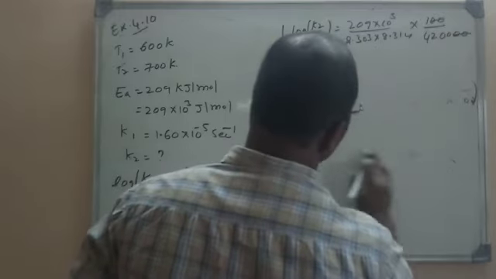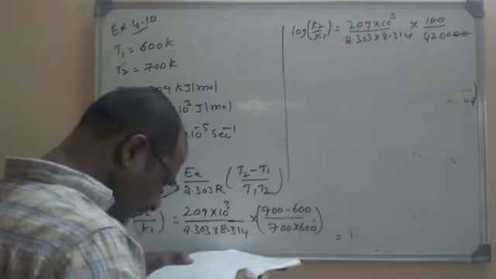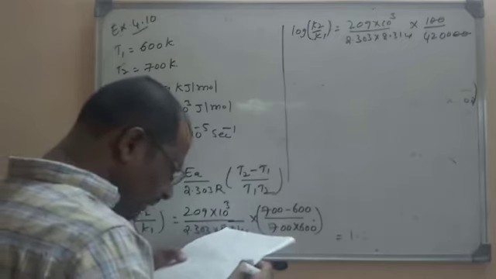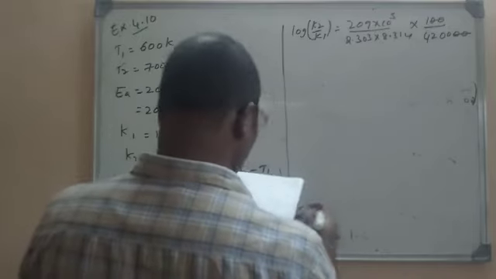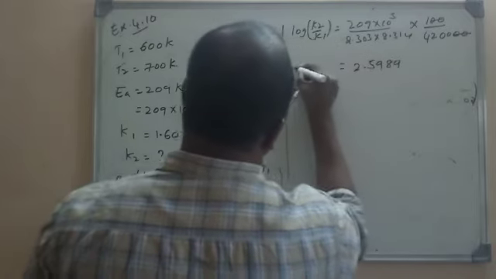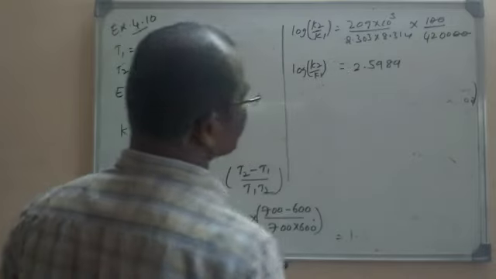So 2 zeros will be cancelled with 2 zeros. On simplification, what we will get is 2.5989. So on simplification, this value is 2.5989. Logarithm of K2 by K1 is equal to this one.